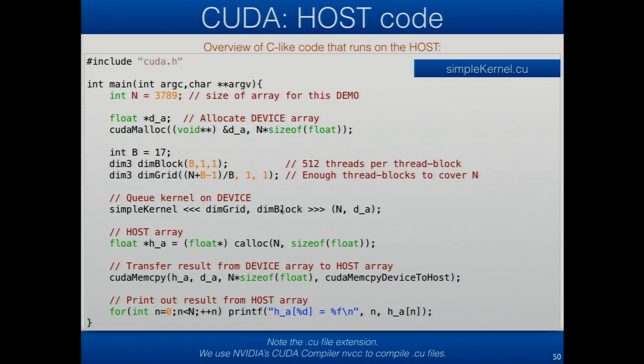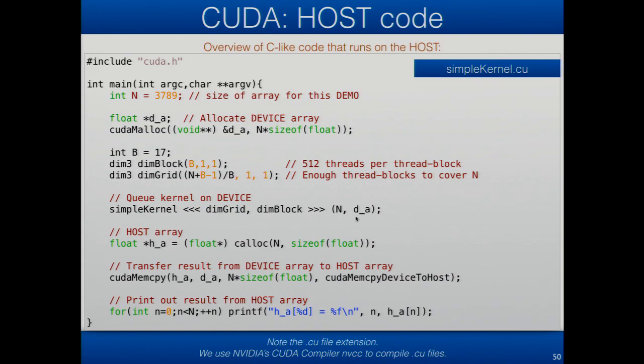Okay? So that has specified the array of threads that will process this kernel, this function call. This function will be executed by this many threads in this many blocks. And then we pass in arguments as you'd expect.